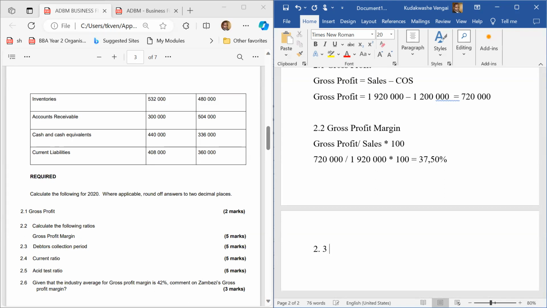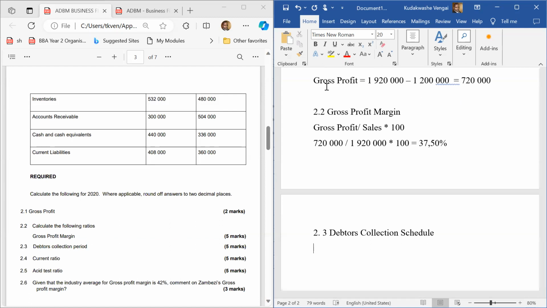2.3 wants you to do the debtors' collection schedule. Like you highlighted last week, your lecturer loves to do averages.